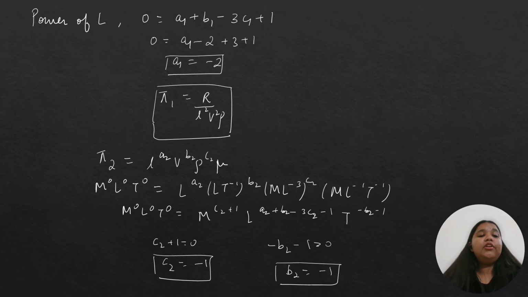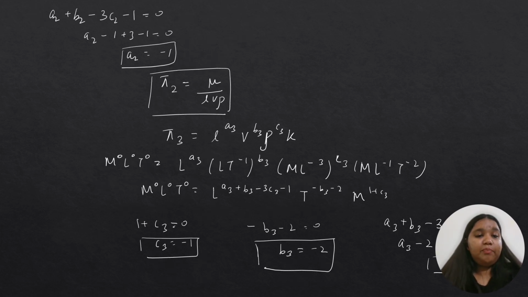Then similarly we will do the pi2 term. We change the powers of L, V, rho as A2, B2, C2, and then we write the dimension of each term, combine the powers, and compare by equating the powers of each one.